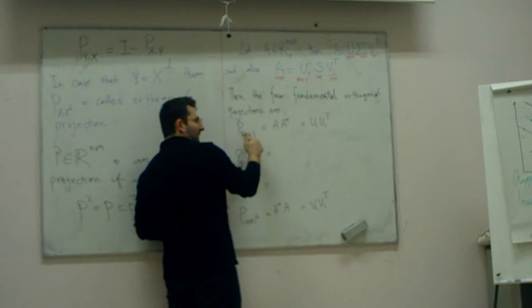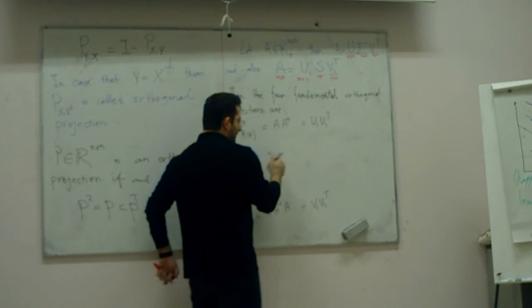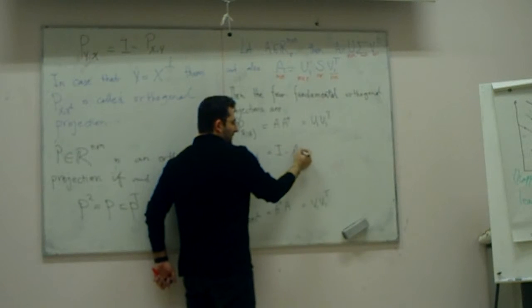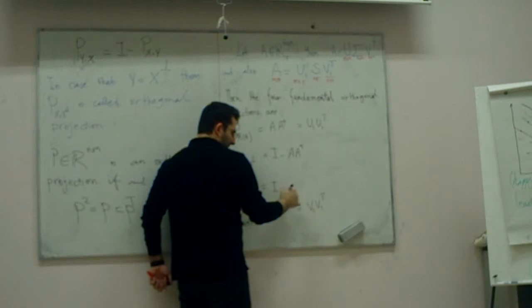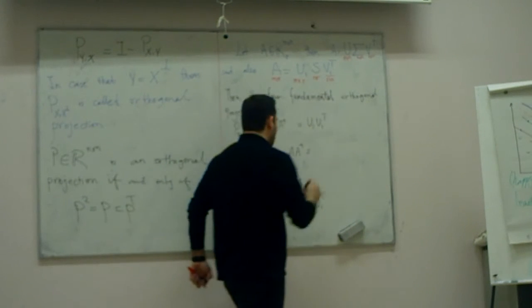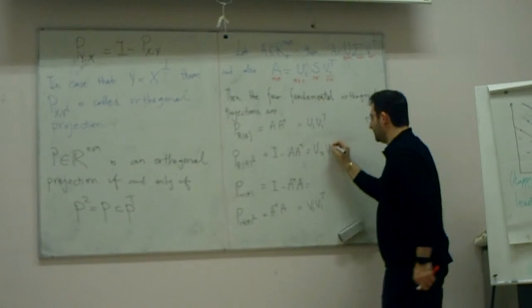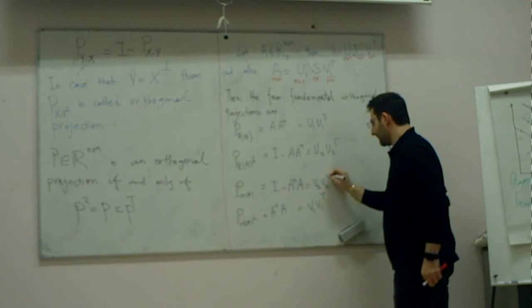You know that they shouldn't have any intersection. So do you know what it is? It is I minus this term. And this one is I minus the other term. This will be U2 transpose. This will be V2 transpose.